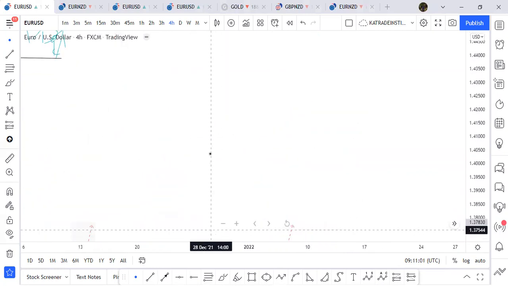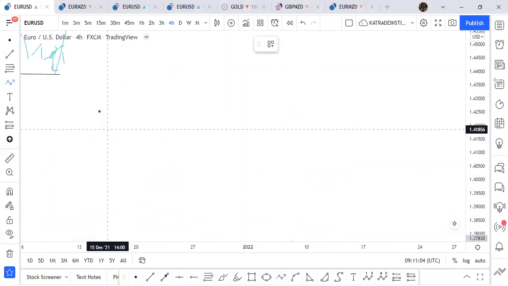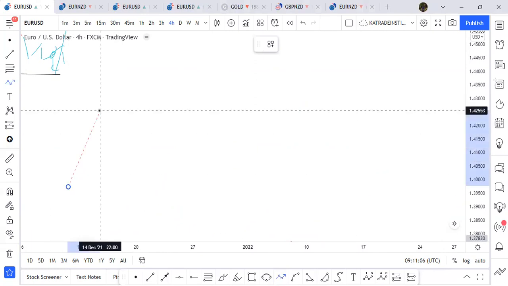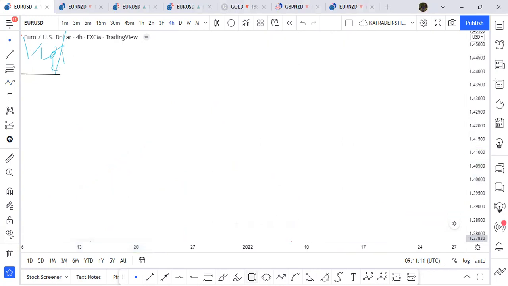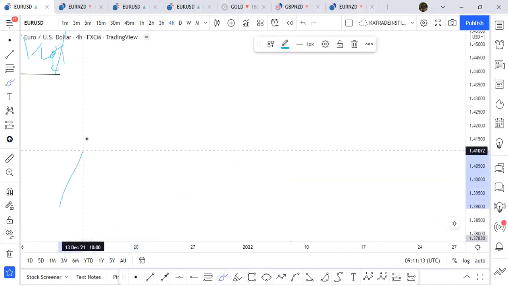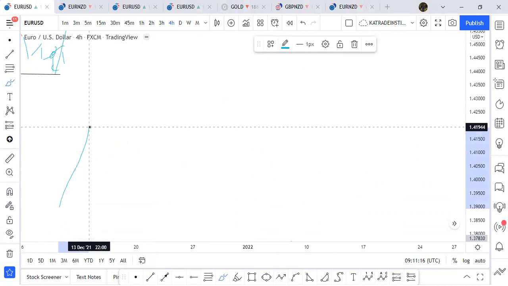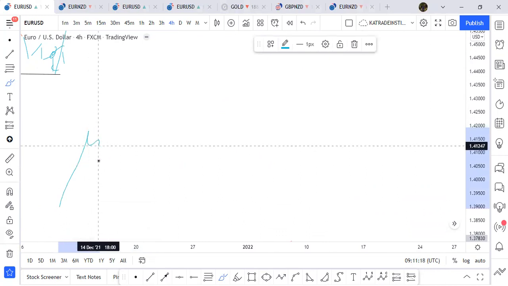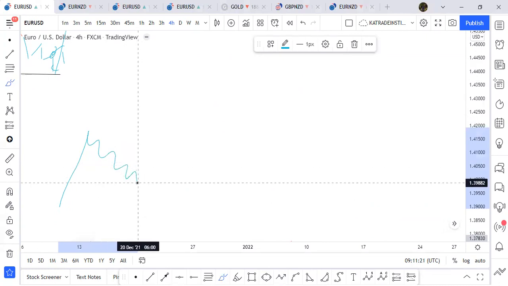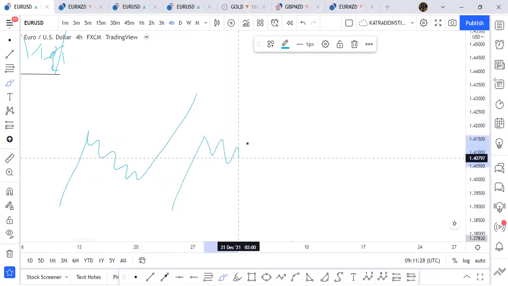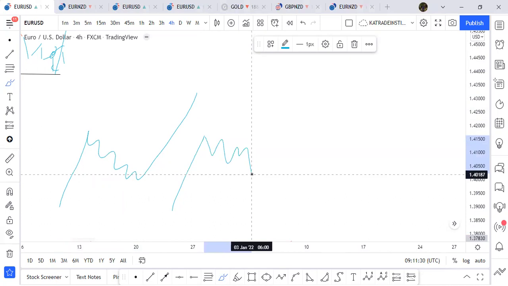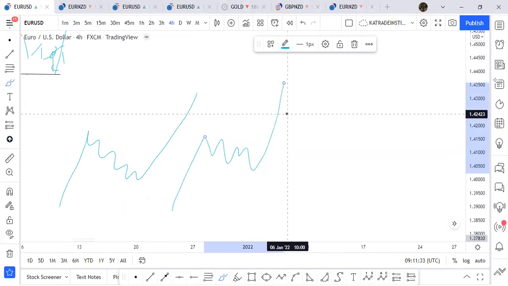So anytime price is coming back for retracement, say you have a high here, whenever price is coming down for retracement, it will give us a trend before the up move. Sometimes it will give us equal prices, something like this, then it will take liquidity before the up move. I hope you are getting me.